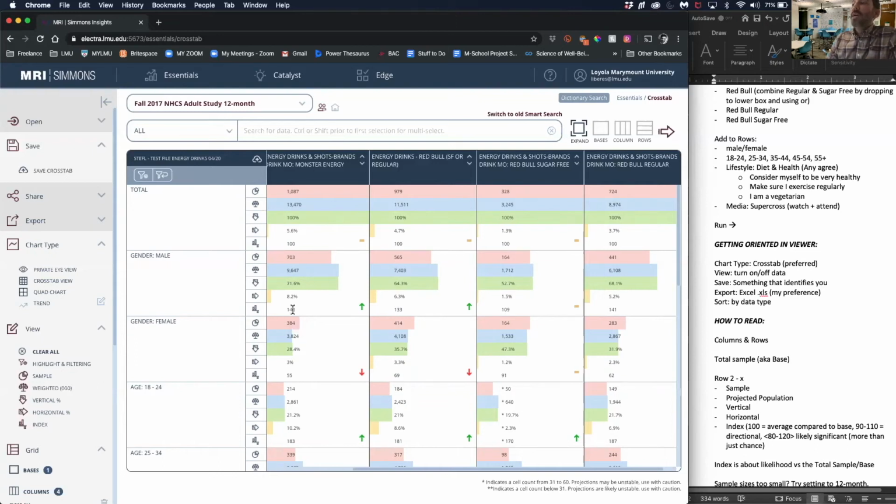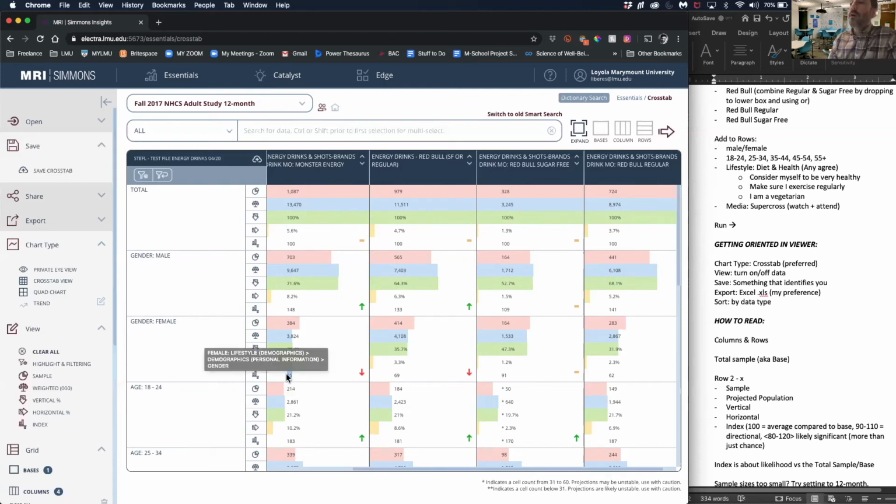The way you would read this is that men are 48% more likely to drink Monster Energy drinks. The difference between 148 and 100 is 48. Conversely, women are 45% less likely. How did I get to 45? 100 minus 55 equals 45.